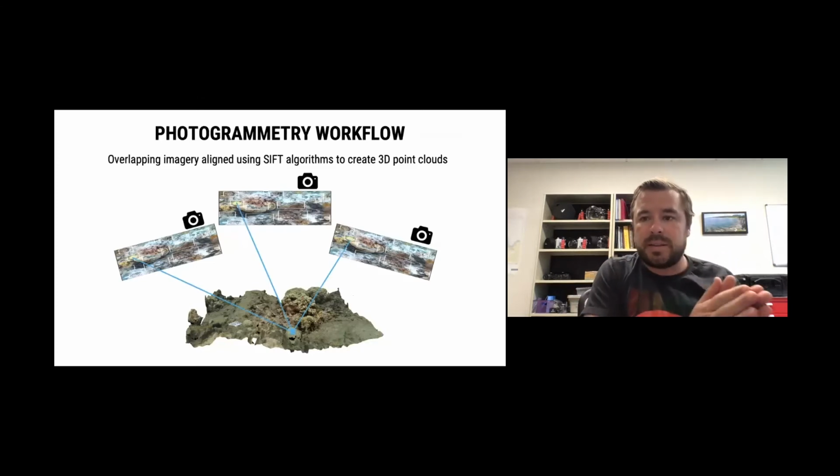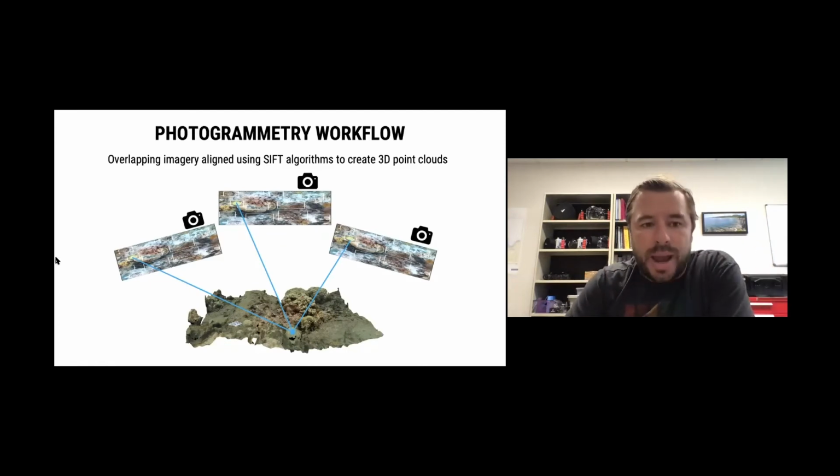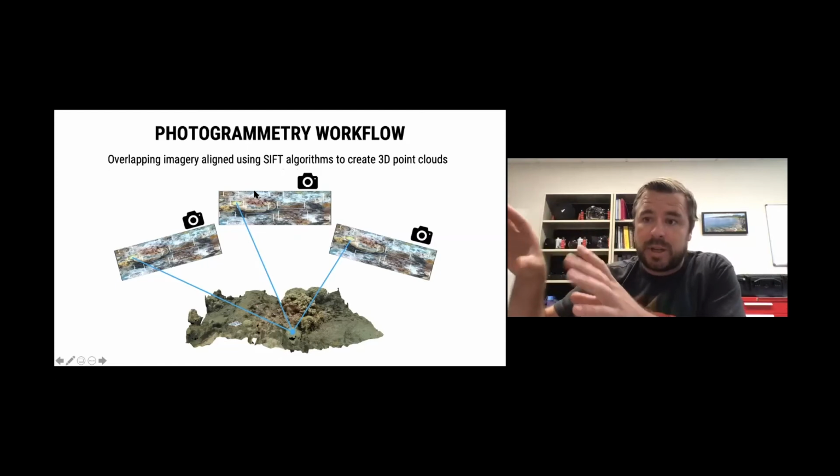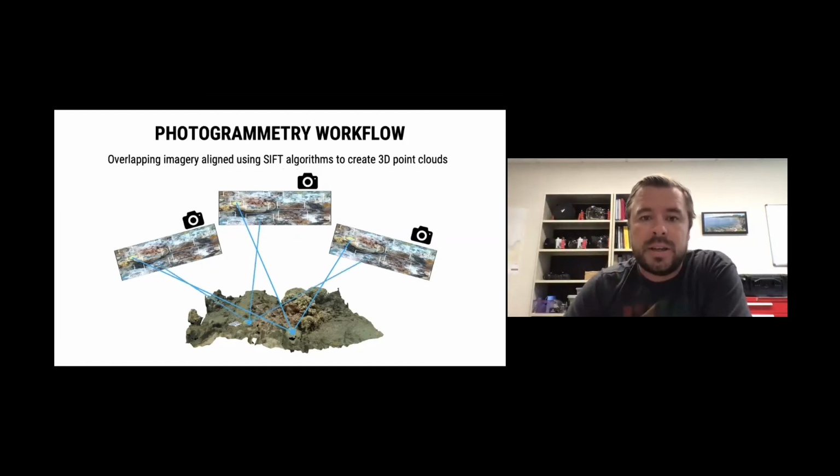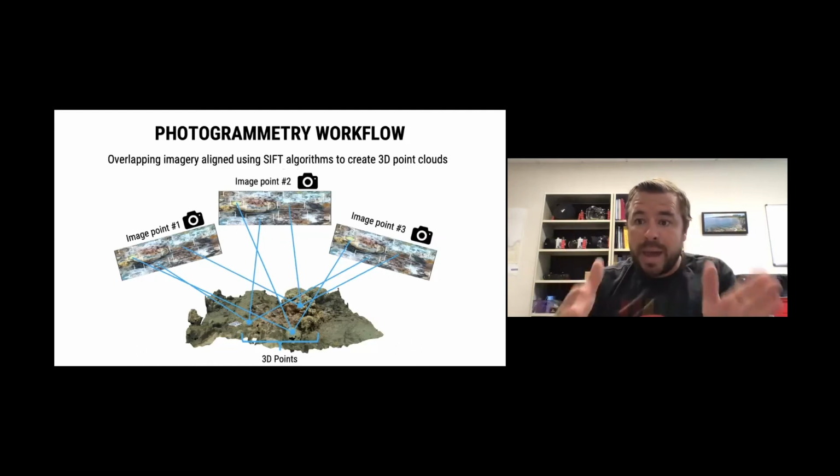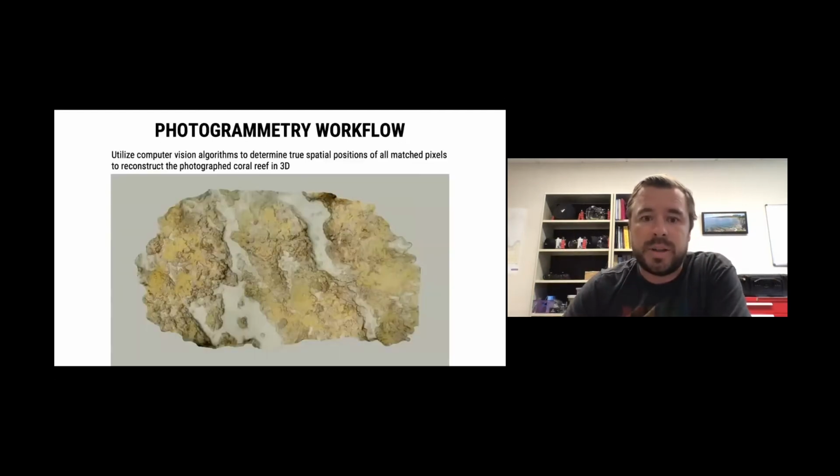So you take these images with very high overlap, hoping to get about 80% of overlap. And so as it tracks something using scale invariant feature transform, so it can identify similar pixels and objects, track them image to image, it's able to then identify these points, take the image metadata, and produce a 3D point for every single matched feature among all your images.